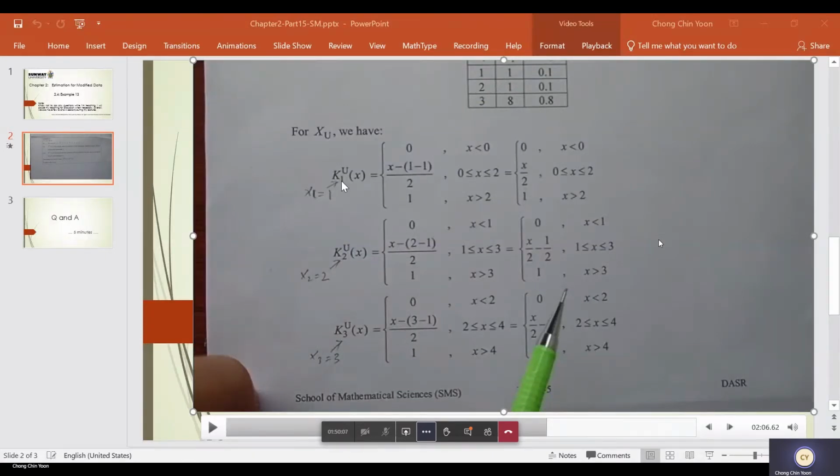Remember just now in the example, we made our piecewise function in terms of Xi. Now this piecewise function is in terms of X, because you substitute your Xi value. This is another method, another format compared to example 12 just now. Okay, here we go.